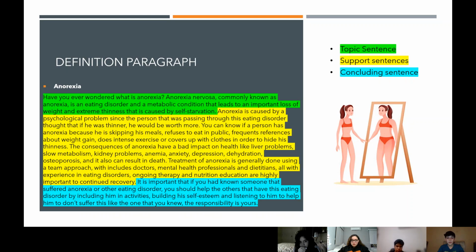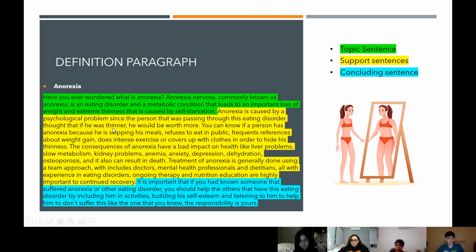Treatment of anorexia is generally done using a team approach which includes doctors, mental health professionals, and dietitians, all with experience in eating disorders. Ongoing therapy and nutrition education are highly important to continue recovery.